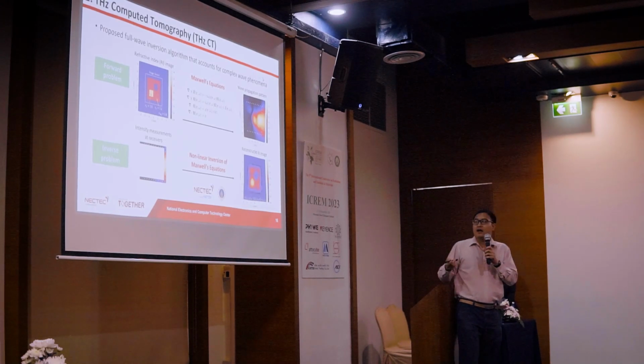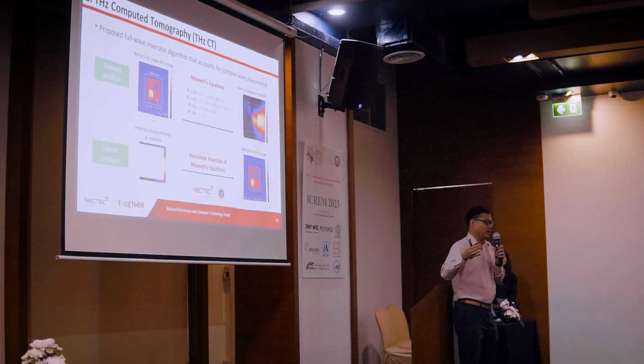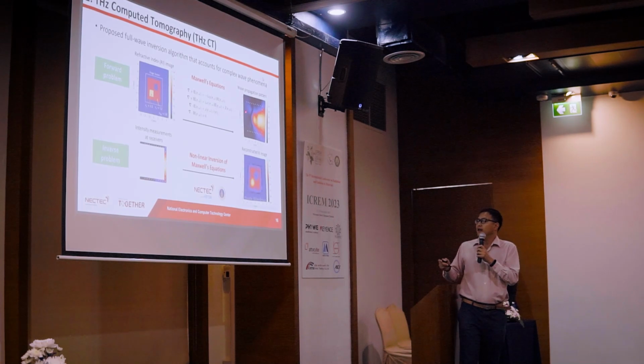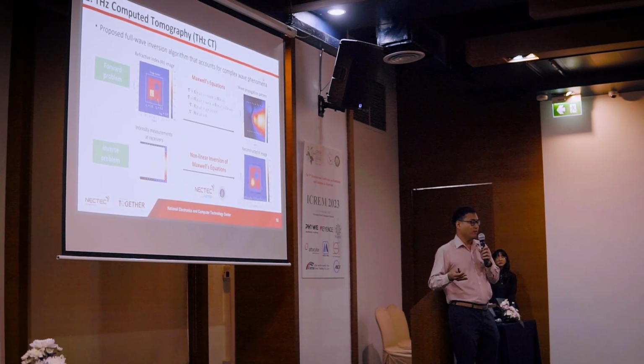I am sure all of you know that the refractive index will change the way that the wave propagates, depending on the value of refractive index. So here, if you have different refractive index, then you will have different patterns of the waveform.